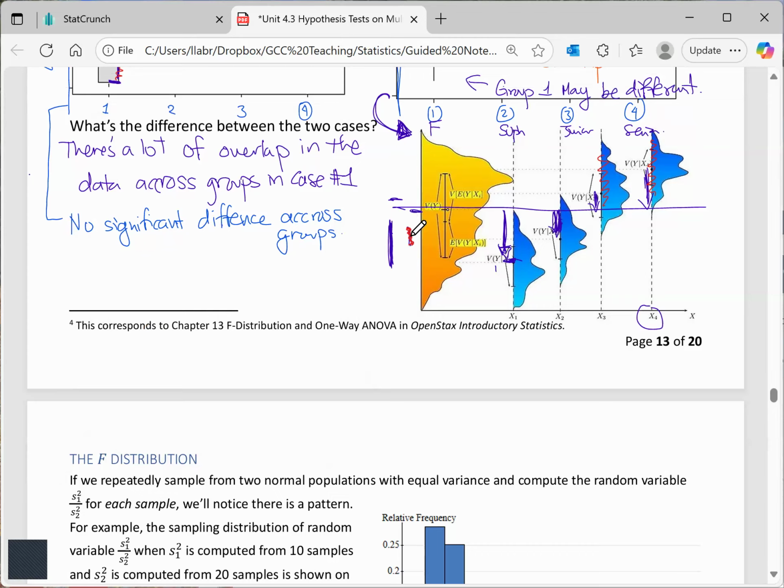So that means that in order for you to get the variability here, the groups vary a lot. And that's kind of what we get here, that there's a lot of separation between the groups.